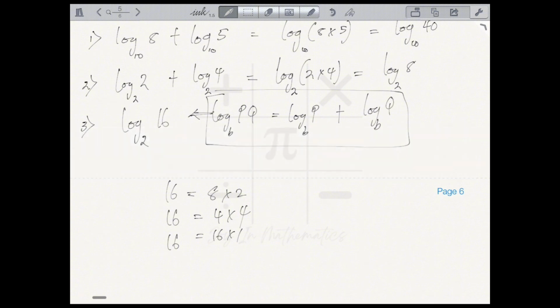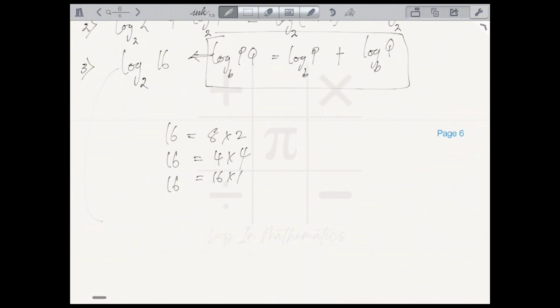So we can now rewrite log 16 to base 2. Applying the first one, 8 times 2, we get log 8 to base 2 plus log 2 to base 2. This is the first one.